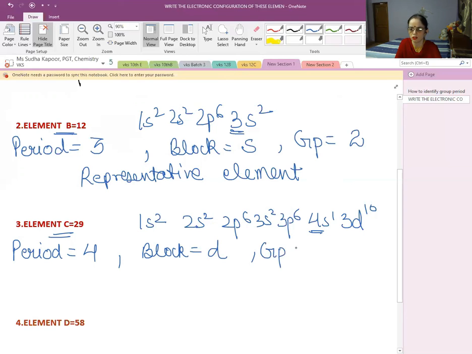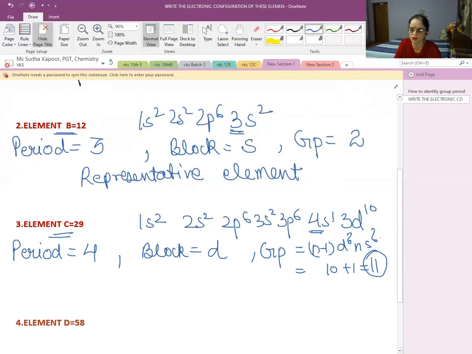When we talk about the group, for a d block element the group number is identified by the number of electrons present in (n-1)d and the ns electrons. So we find these electrons: for d it is 10, plus s1, so the group number is 11.